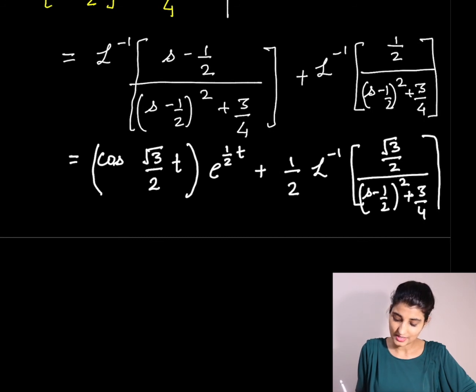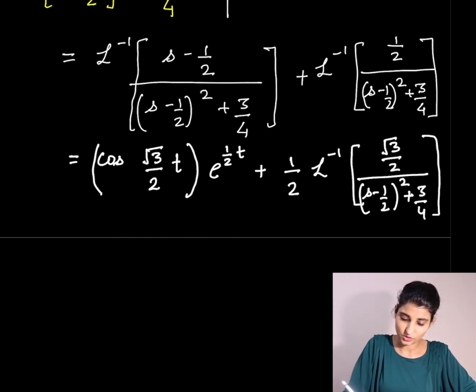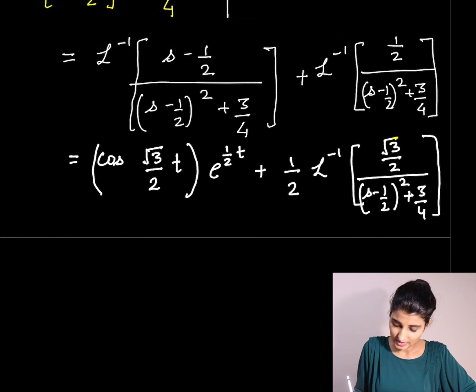Since we multiplied by square root 3 over 2, we should divide by square root 3 over 2, which will be 2 over square root 3.